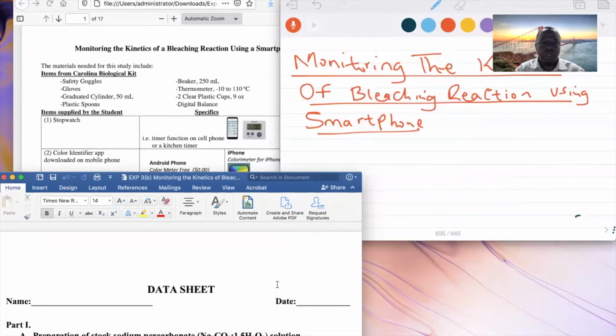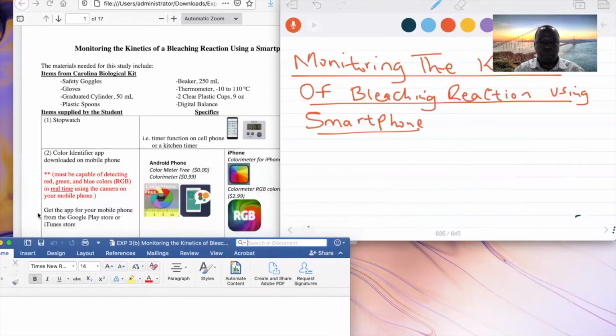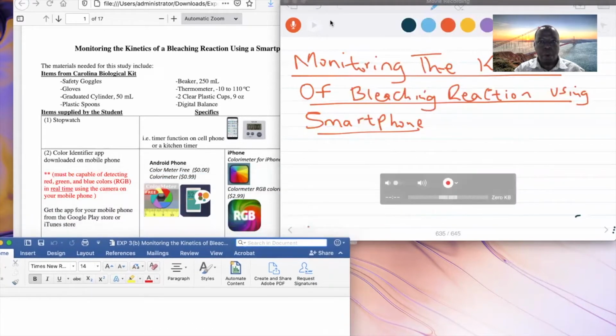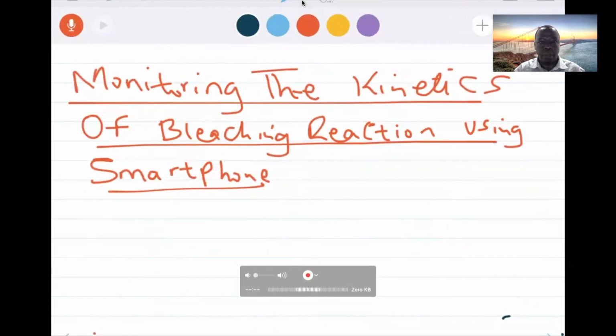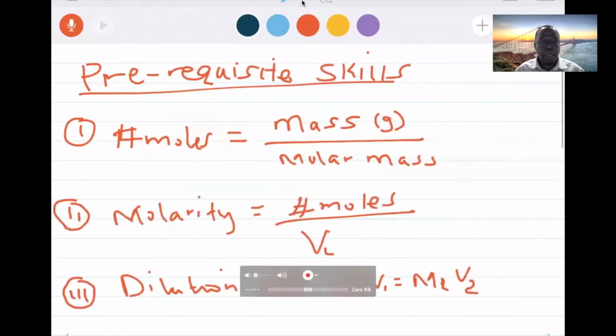So to start off, there are prerequisite skills you need to be familiar with. Some of them you already know, and I just want to highlight those prerequisite skills you will need. One is molarity.